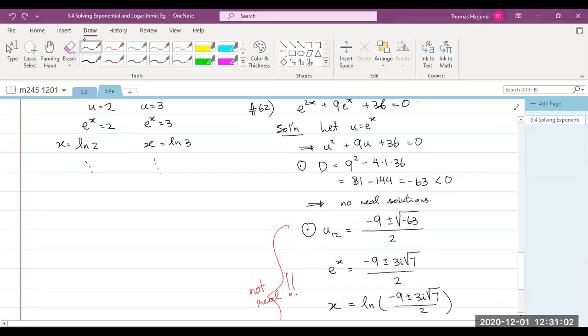Let's do maybe one more question, as hard as possible. But which one's good? Number 64? Number 64 is actually on the easy side. 400 over 1 plus e to the negative x equals 350.